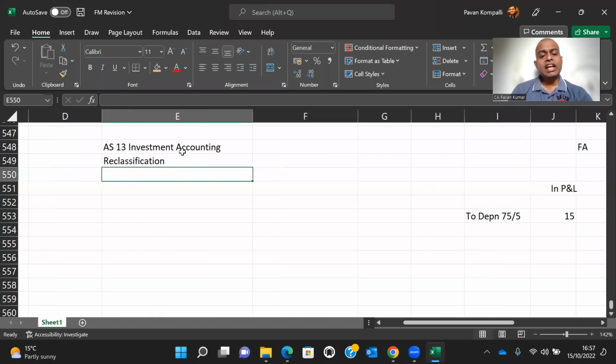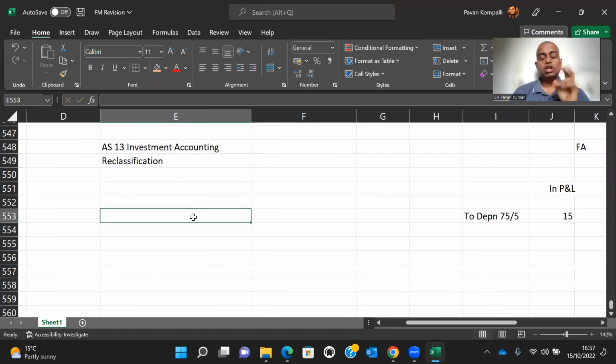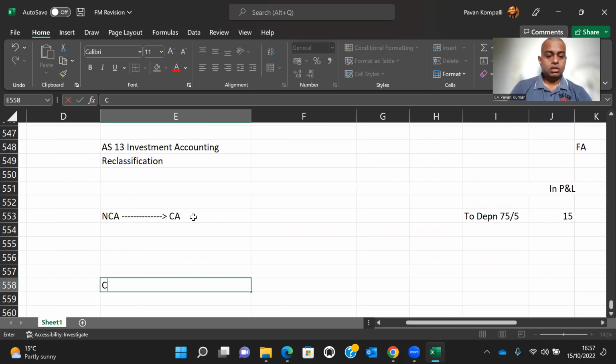So how many types of reclassifications are there? Two types of reclassification. Reclassification can be from non-current asset to current asset, or current asset to non-current asset.